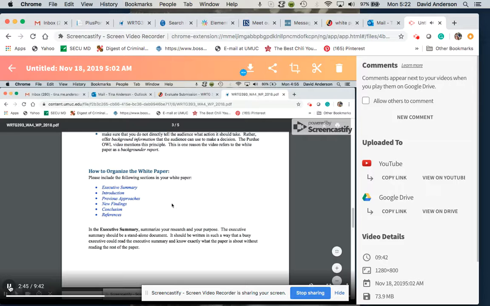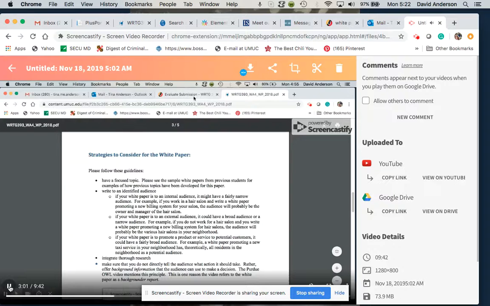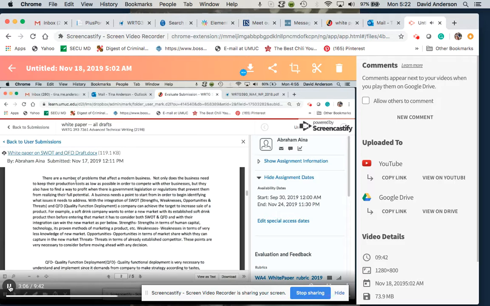Since you are talking about the kind of paper that is for a broad audience, for example, here's one, promoting a service to potential customers. What you need to do is inside of here, your executive summary needs to have those components to show that this is what our government or businesses need to make certain to keep production costs low, as well as compete in the market.